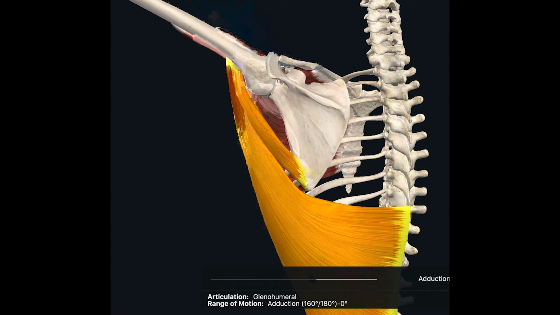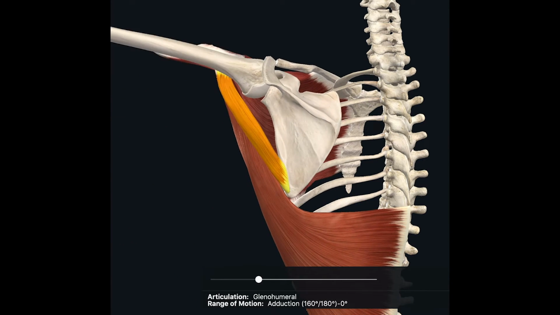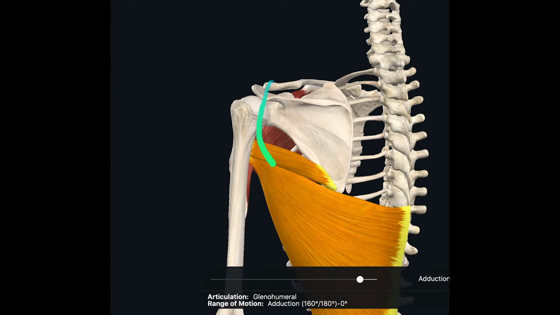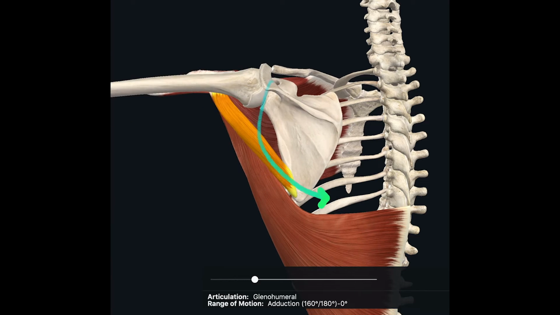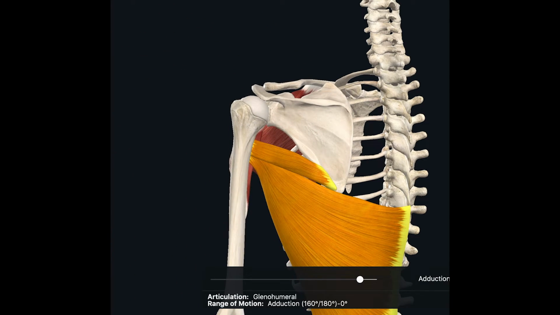So if you remember when we were looking at the scapular movements, a downward rotation is when this glenoid cavity rotates down and inward. So in this video, you can see a downward rotation of the scapula.